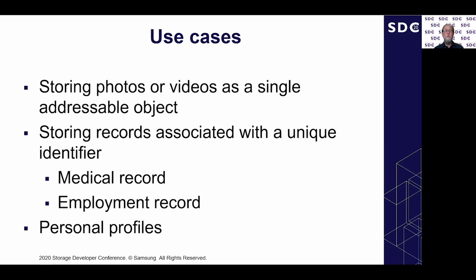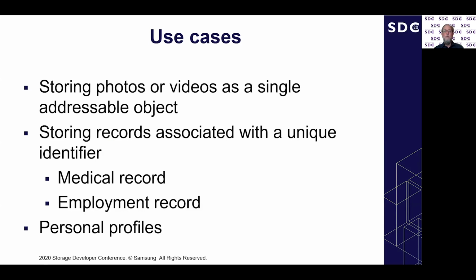Additional use cases would be storing records associated with a unique identifier. For example, if you want to store medical records for an individual, your key in this case would be the personal medical record identifier for that individual, and your value would be their complete medical record in whatever format you happen to store it in.